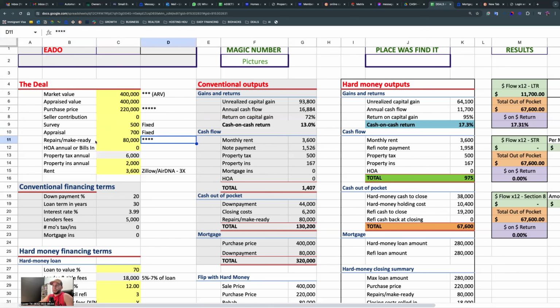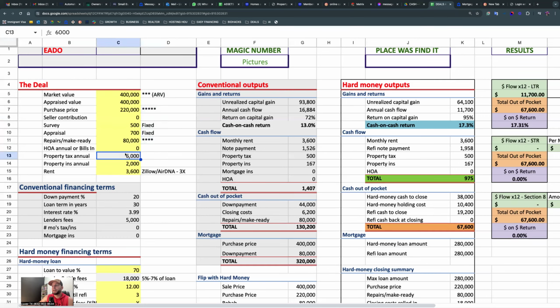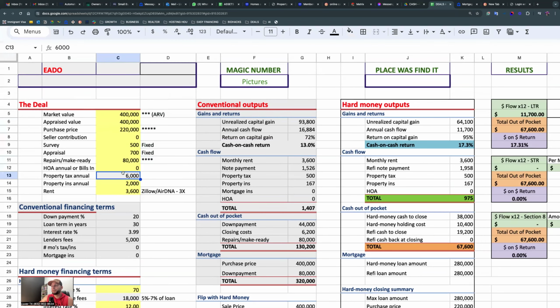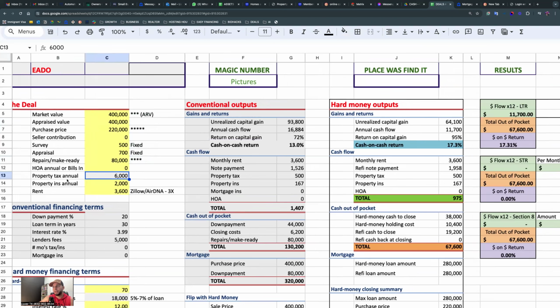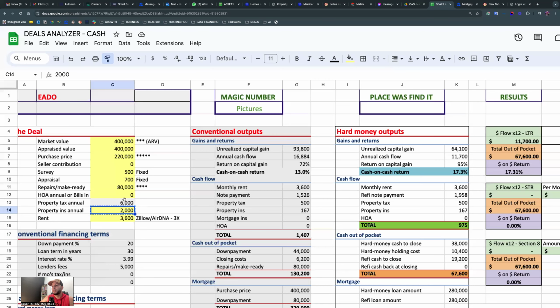Make sure that you calculate those right with your contractor or yourself. Property taxes actually should be yellow because it's an input, so you can add that. I previously had a formula here, but in some areas they have different rates, so it's an input and it should be yellow. Let me change that right away.